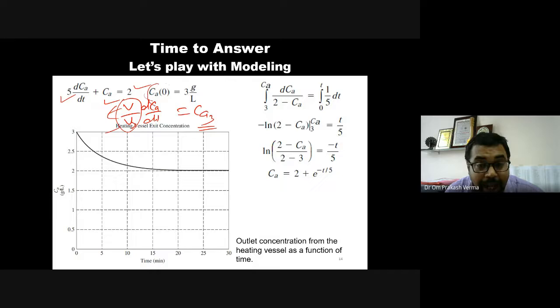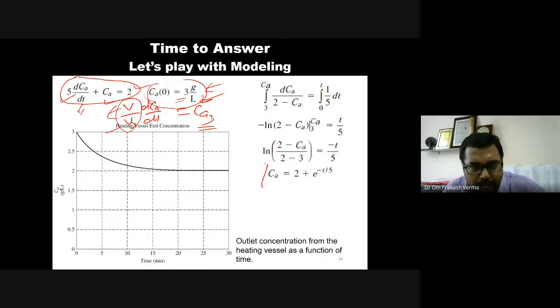Initial condition means before the disturbance. Before disturbance, this was 3 gram per liter, okay, because when we solve this equation, we need the first initial value, because this is a first order differential equation. So with the help of the initial value, we calculate this equation.